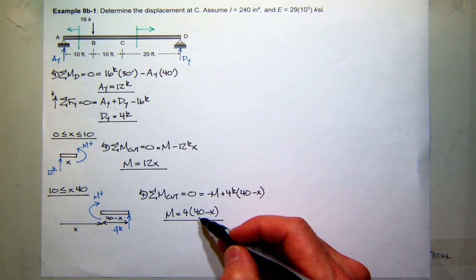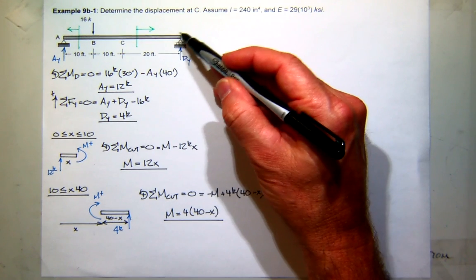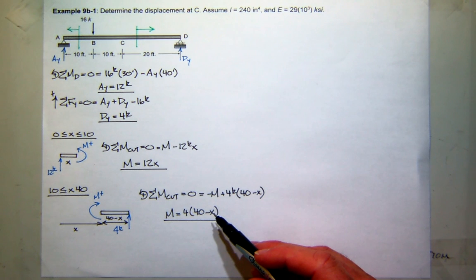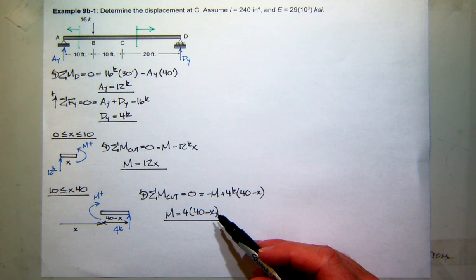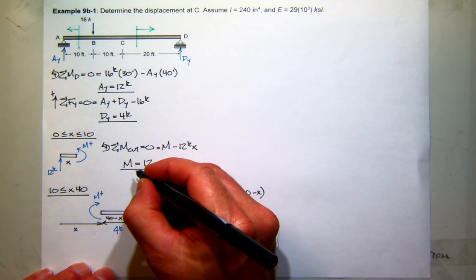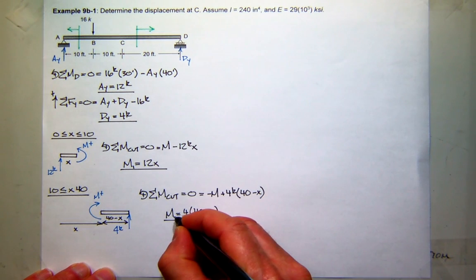Now for this one, it ought to predict the moment at D, and that's at x equal 40. You can see if I put in x equal 40, I get 0. But let me go back and call this moment 1, moment 2.